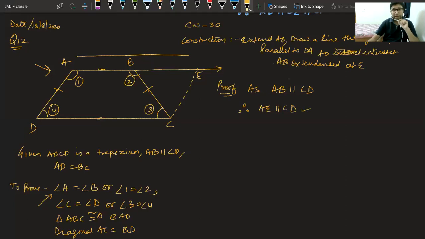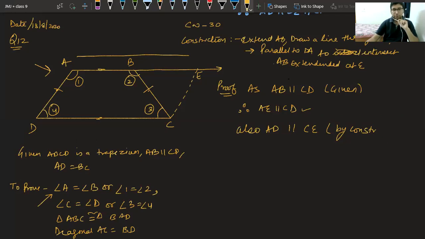Second thing, by construction we have done is AD parallel to CE. Also AD is parallel to CE. This was given to us and this is by construction. Class, what can we say about this quadrilateral ADCE? What can we say about the quadrilateral ADCE?